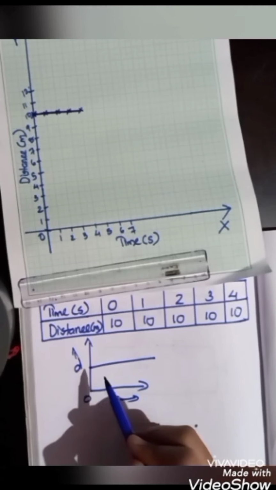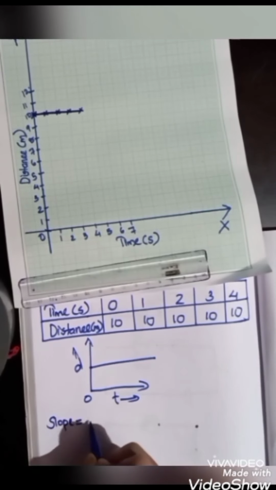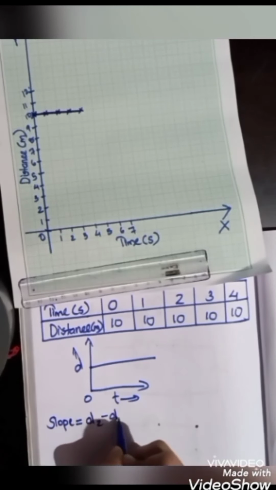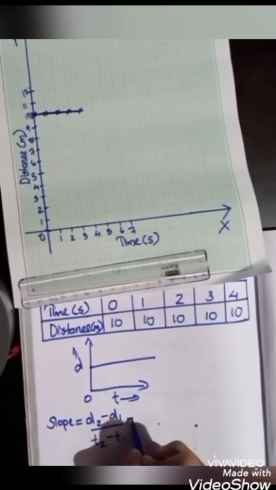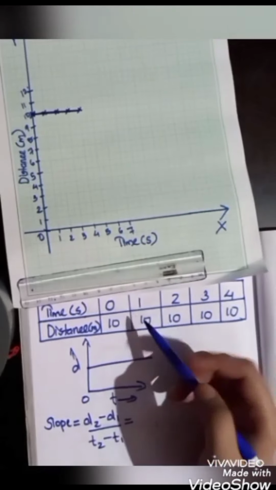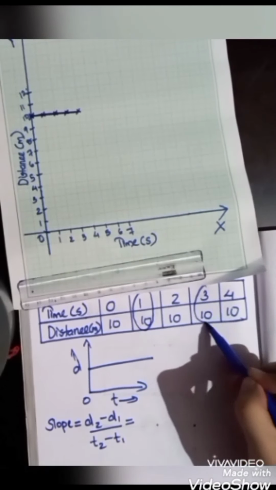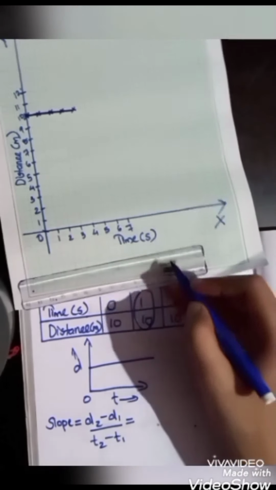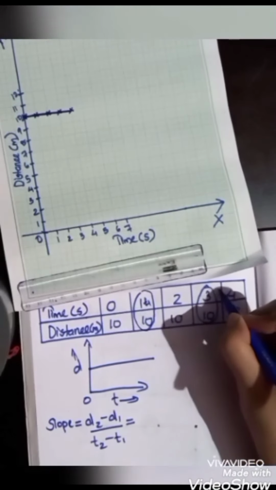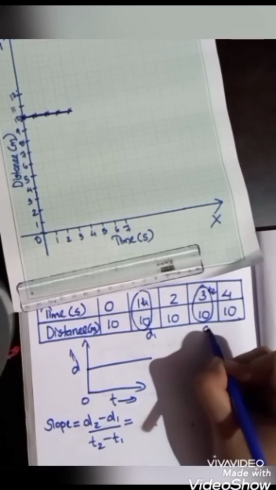What is the slope of this graph? Slope of the d-t graph is equal to d2 minus d1 by t2 minus t1. Here we can take these two points, this one as t1 and this one as t2. This is d1 and this is d2.